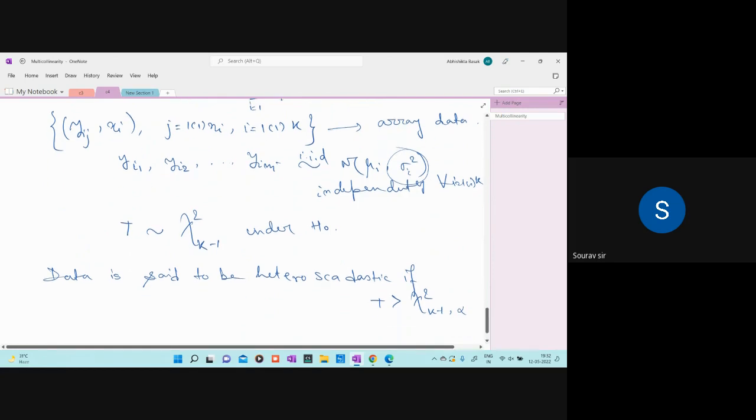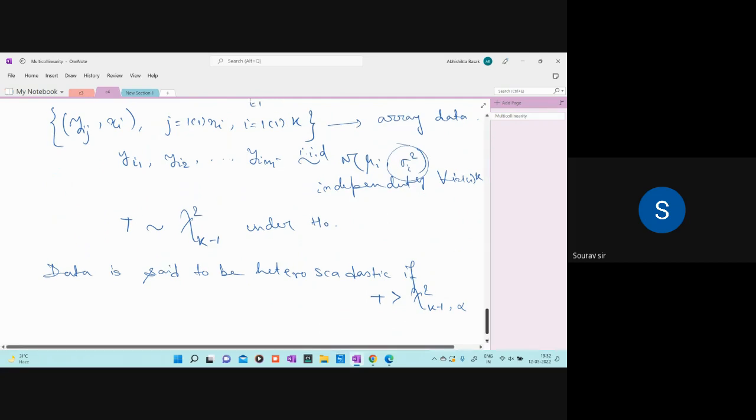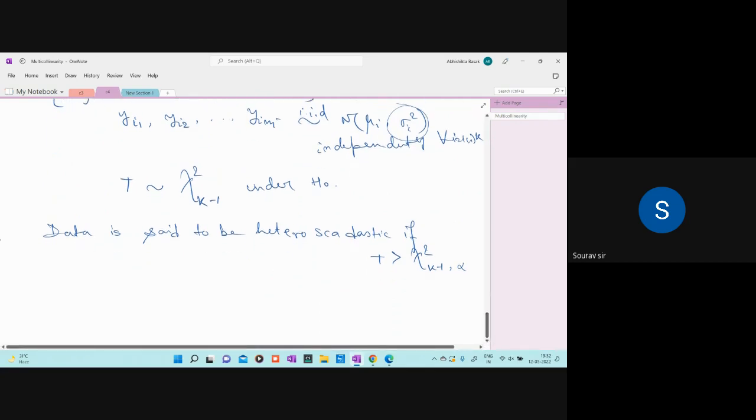Since we are dealing with a two-sided test, I have taken this as the cutoff point. This is one of the tests, Bartlett's test. We can go for another test, which is Glejser test.